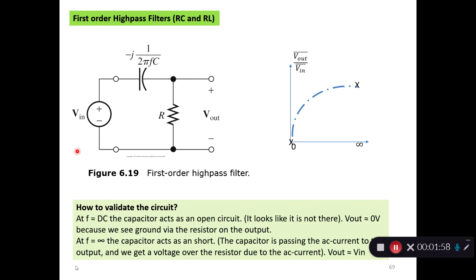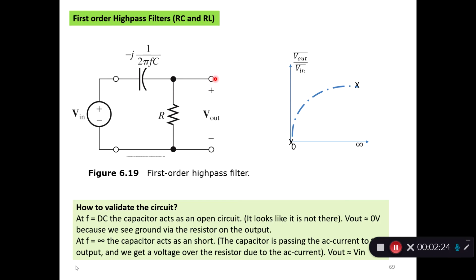Then the next thing we do is to consider that V in has a frequency of infinite. Then the capacitor with an infinite frequency gets a very small impedance, so it's actually a short circuit. And then a lot of the current can pass through, and we get a voltage drop over the resistor.